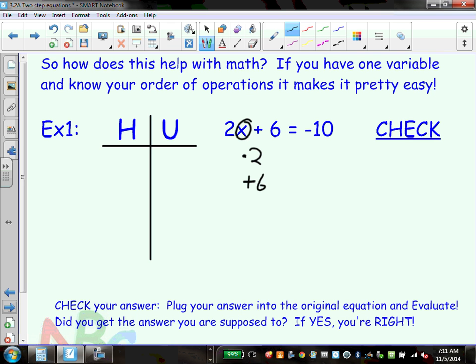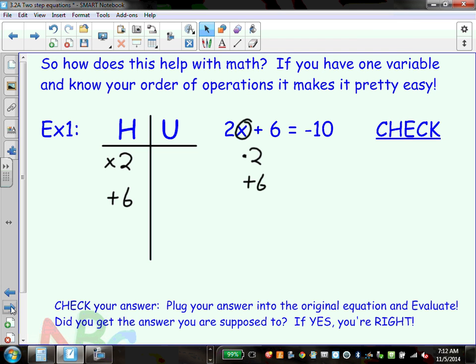Now, I want you to think about that. Following order of operations, which of those is happening first? Well, PEMDAS tells us that the multiplication is happening first. So I'm going to put times 2 here, and I'm going to then follow it up with the plus 6. I'm following order of operations on the H side. So times 2 followed by plus 6.